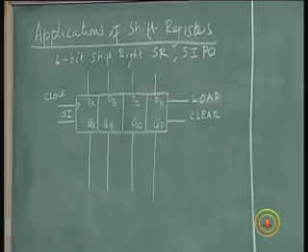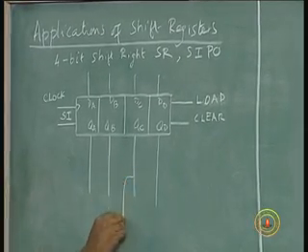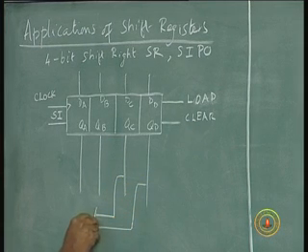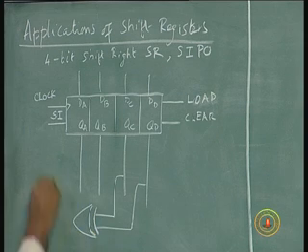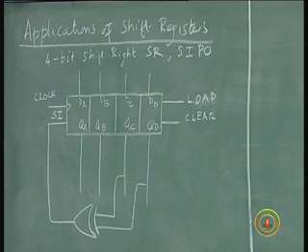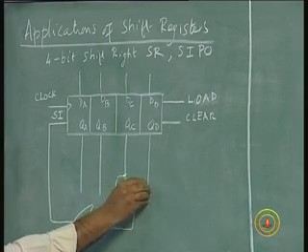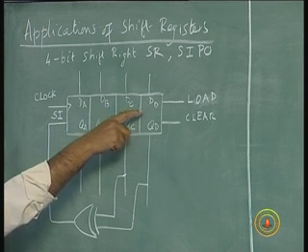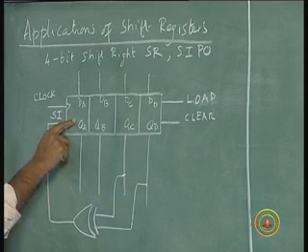So, what I am going to do is take the output of this and the output of this into an exclusive OR gate and feed it as the input. So, every time I clock it, this bit goes here, this bit goes here, this bit goes here, and the exclusive OR of these 2 bits is loaded as a fresh input.